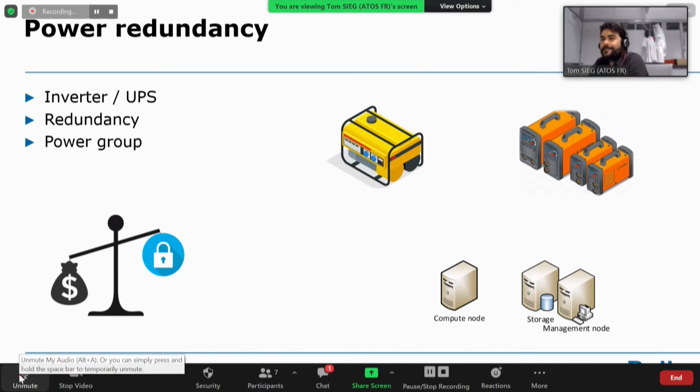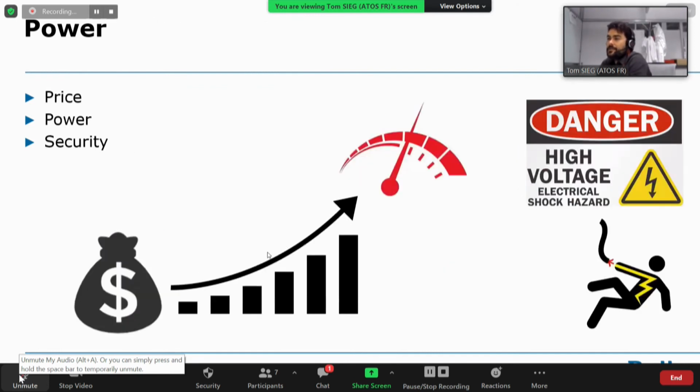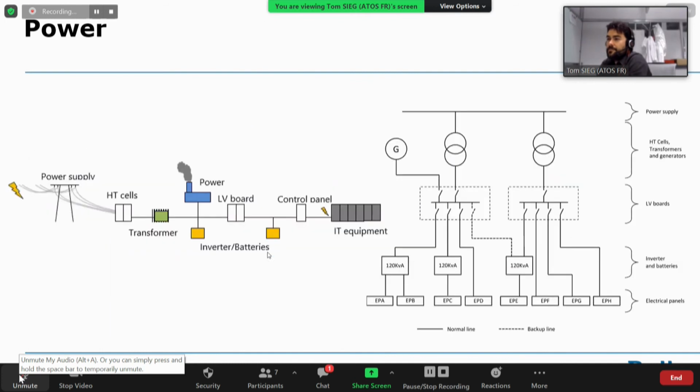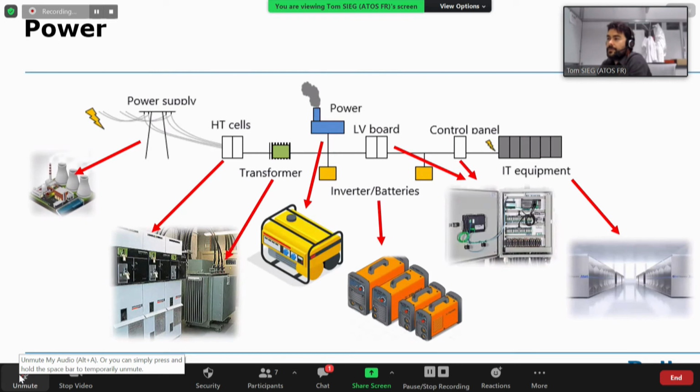Yeah, that's a very good question. Generally, we consider an HPC cluster to be obsolete in 5 years in the European Union. Generally, each cluster is changed after 5 years. Of course, your infrastructure may not have to be changed.